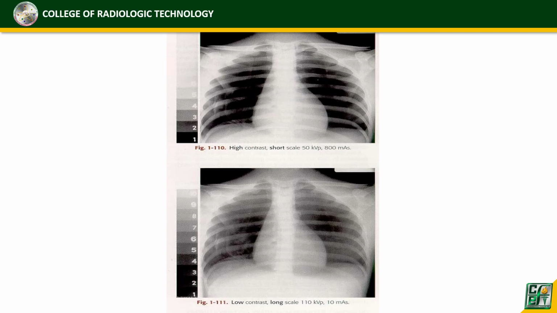On the other hand, we use short scale or high contrast sa mga examination that concerns with bone, especially sa mga to rule out fracture.